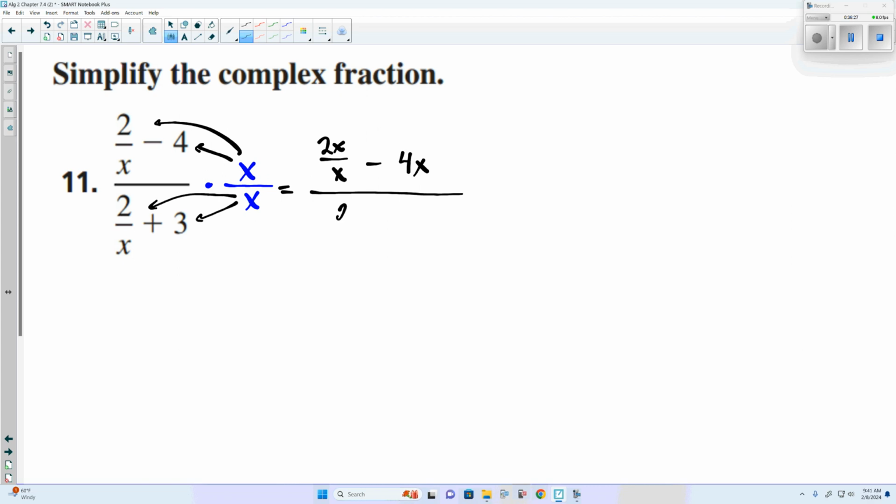Our 2 over x times x is going to be 2x over x plus 3x. X and x simplify out in top and bottom. So 2 minus 4x and 2 plus 3x.